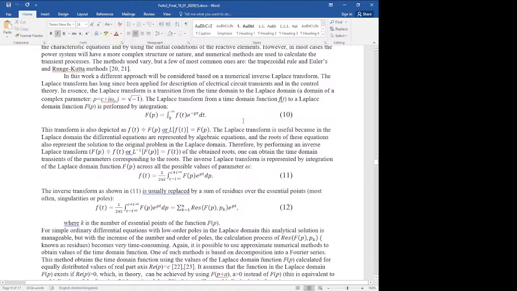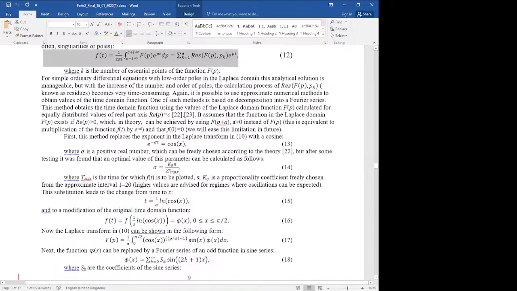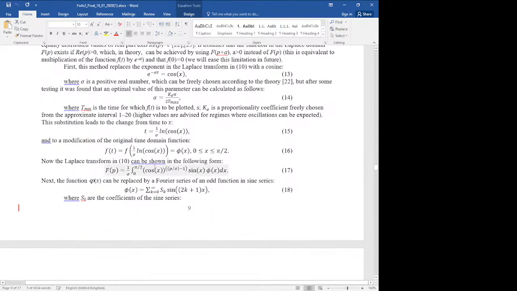So here's a short Word document. What can we see? We need to solve this. It's a Mellin integral. The common way is to use residues, but we can go the numerical way. So use the substitution. What's the idea?